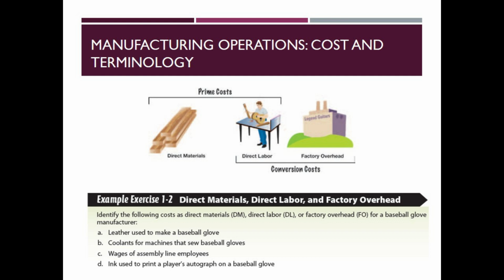So this is actually referred to as direct labor because this is part of the direct conversion of the materials into a finished product. And lastly, the ink used to print the player's autograph on a baseball glove. What is it? Is it direct material, direct labor, or factory overhead?